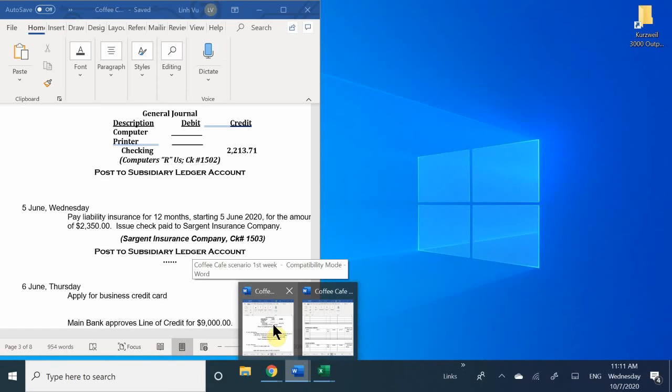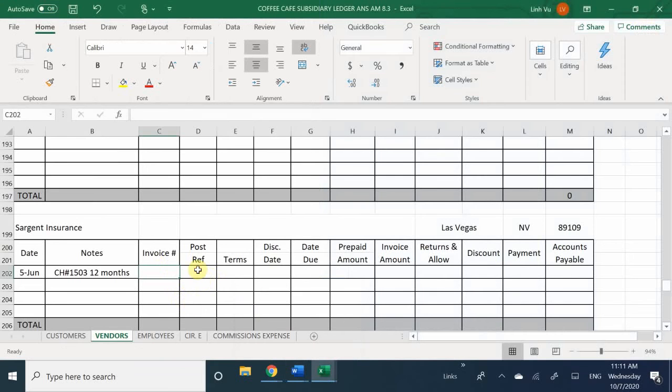It was just something that I just did, so I don't have a real receipt for that. However, I indicated this on my general journal number 1. Did I have terms? No. We're dealing with insurance. There's no discounts for insurance, okay? So terms, discount date and due date are going to be left blank.